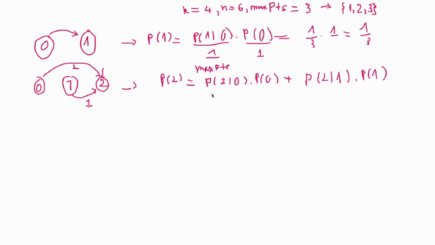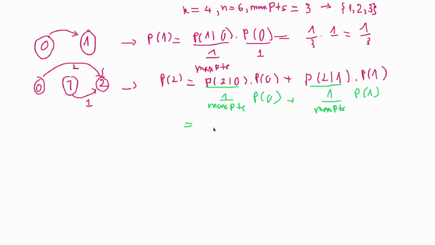However, we have an observation in here. We already know that the probability for us to draw 2 from 0 is equal to the probability of drawing 1 from 1. So this one is 1 over the max point, plus 1 over the max point in here, and then in here we have p1, and from here we have p0.